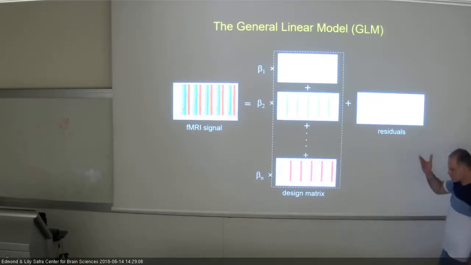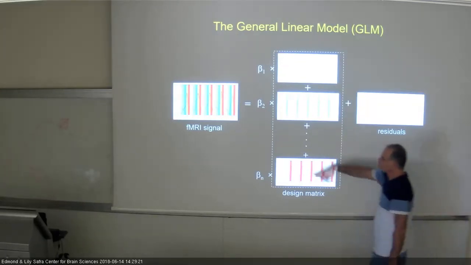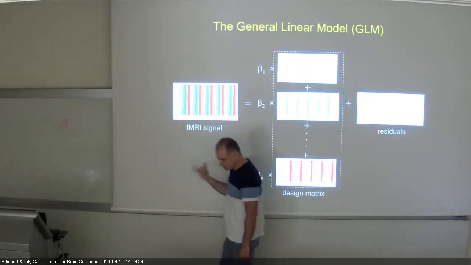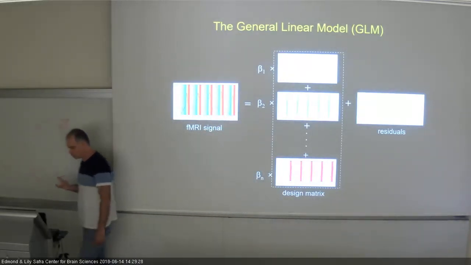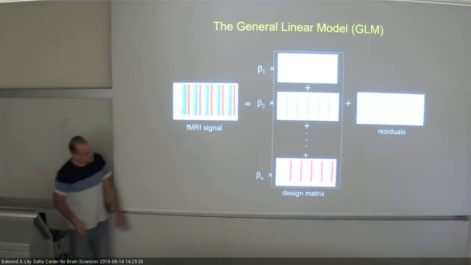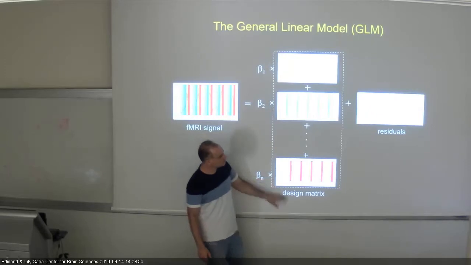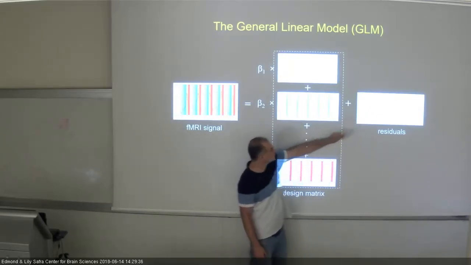So some kind of change in activity that rises, for example, when faces appear, or rises when houses appear, and so on. So the idea of the general linear model is that we have some kind of linear combination that together can explain this varying signal with minimum deviation from the linear combination. Okay, so this should be as efficient as I can, so that the residual will be minimized.